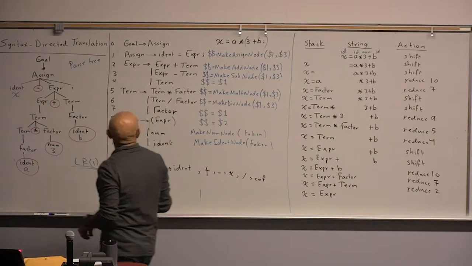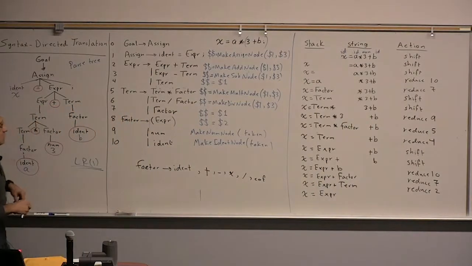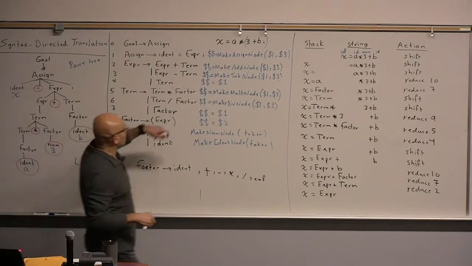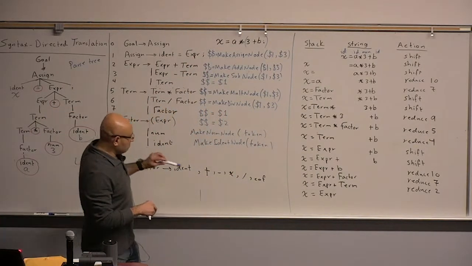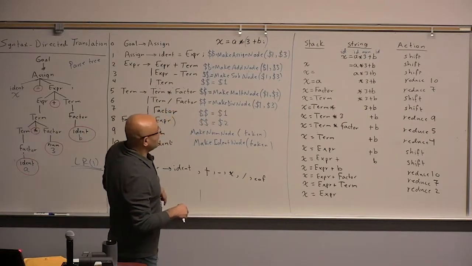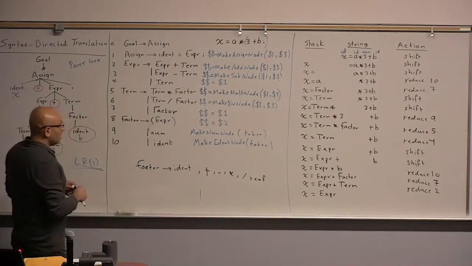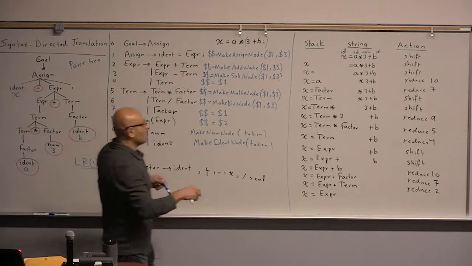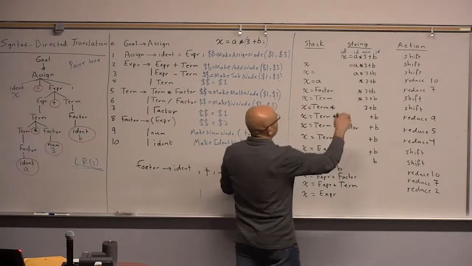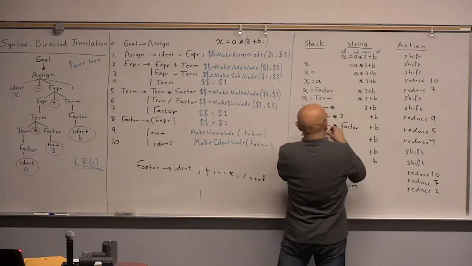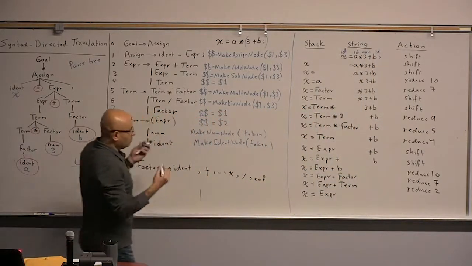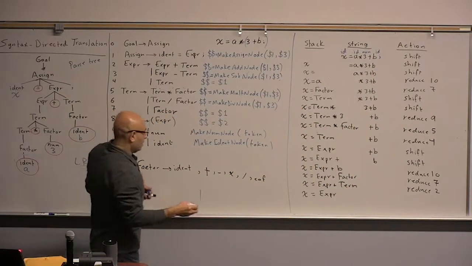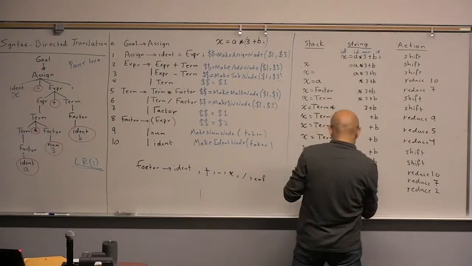In fact, we forgot the semicolon, but that's fine. It's not a big deal. You can remove it from the grammar. It's not the point here. So x equals expression. With the semicolon you will have a shift. So if you add the semicolon, you'll have this, and then you will shift and get the semicolon.